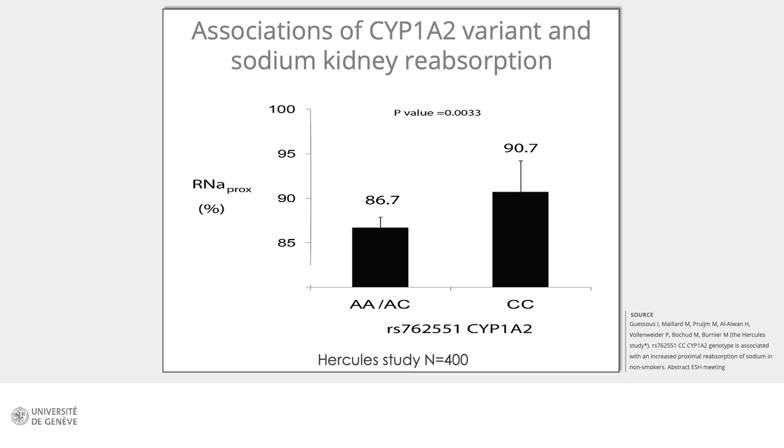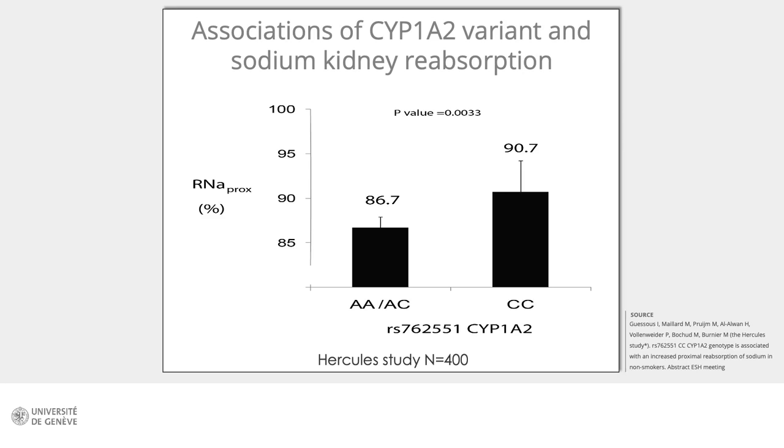So the number of cups of coffee you drink on a daily basis is in part influenced by your genetic variant. We followed up this information using data from another cohort in Lausanne and looked at the relationship between this variant, the CYP1A2 variant, and the amount of sodium reabsorbed in the kidney.